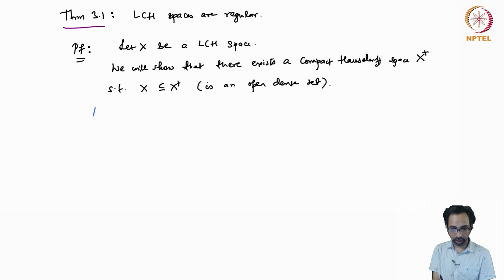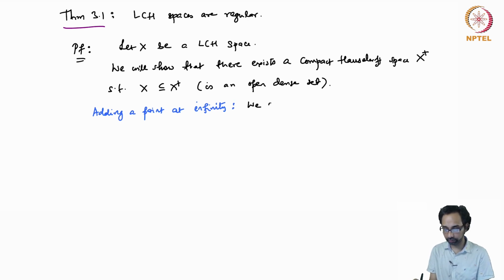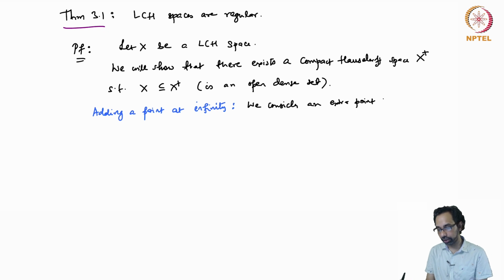So what does this mean? We consider an extra point which we denote as p, but with the symbol infinity. This has nothing to do with the infinity of real numbers, but we just use it as a symbol.